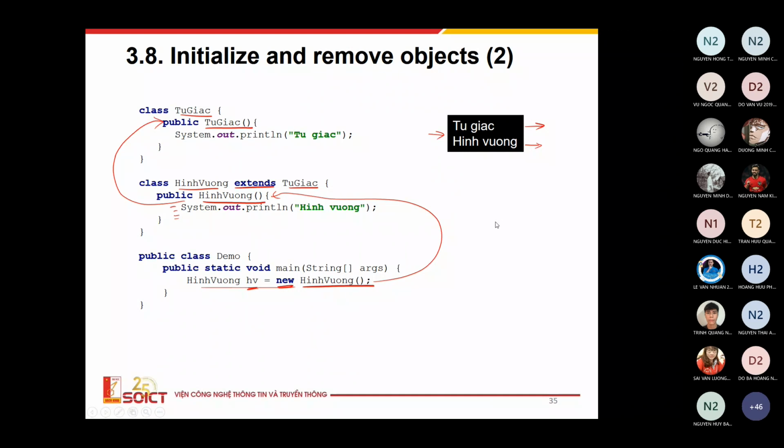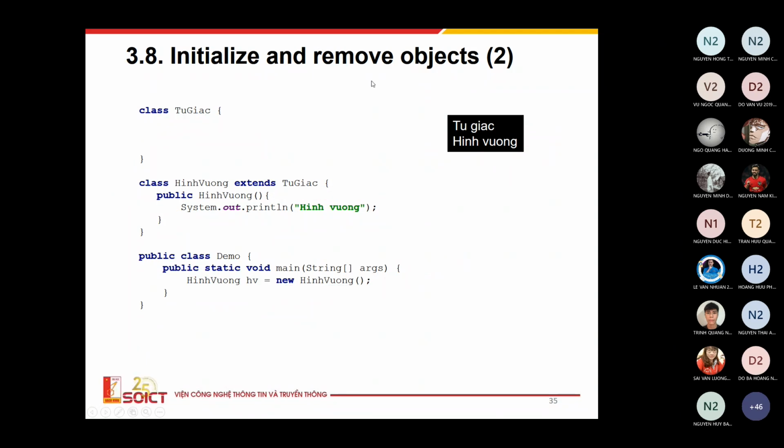Yeah, let's check it. Okay. So what happens if I remove the constructor of the tứ giác class? What do you think? What will be printed out? Again, it will call the constructor for hình vuông, and the first command calls the corresponding constructor from the tứ giác. And here you don't see it. Okay. So what will be printed out?